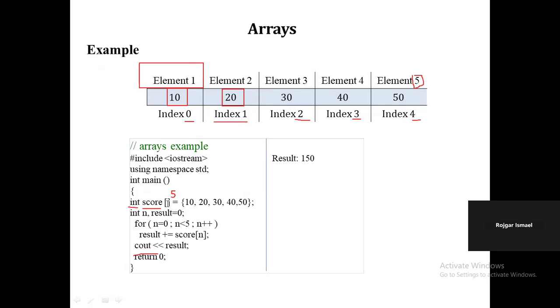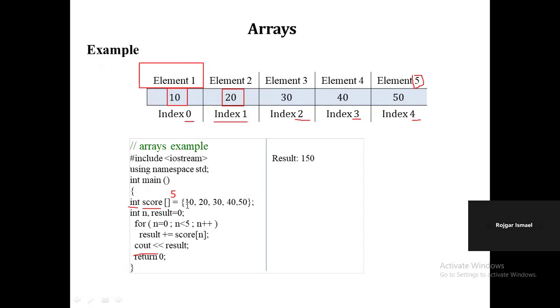But in this case, the C++ compiler will automatically determine the size based on what? Based on the array values you provided. I have provided 10, then 20, then 30, and 40, finally 50.